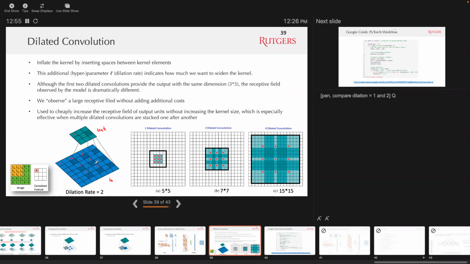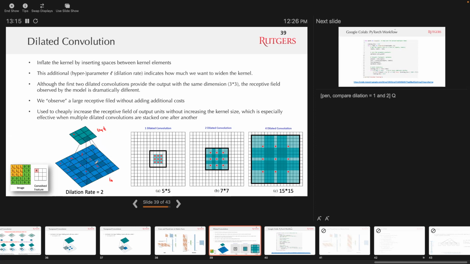Empirically, of course, when people first proposed this, they definitely observed performance improvement, especially when comparing networks of the same size, with the same number of parameters, and the dilated convolution works better.